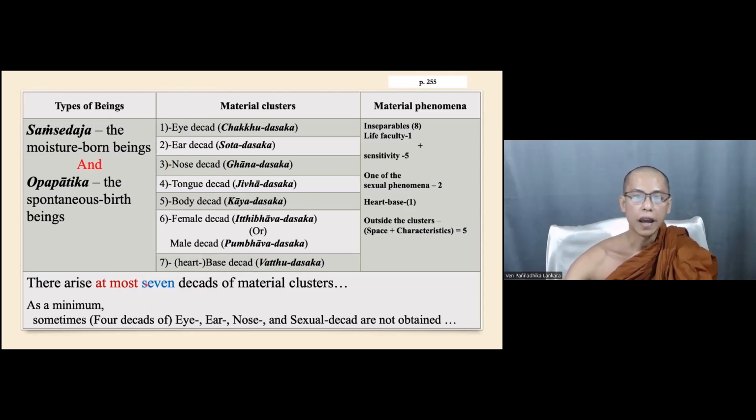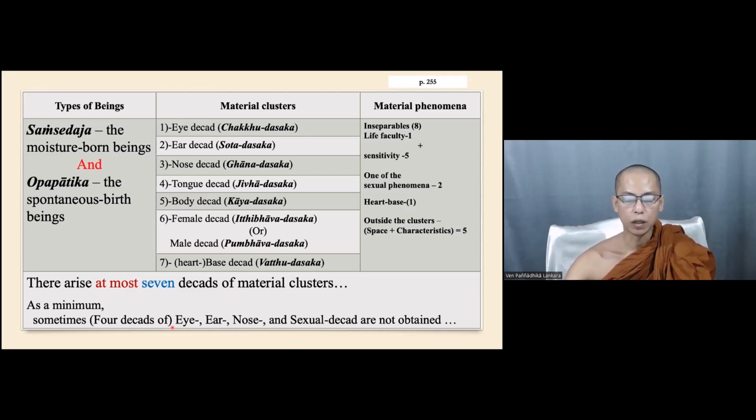This is the utmost enumeration, seven. Sometimes, as a minimum, some can be absent due to the karma which produces that rebirth linking consciousness of their life. Sometimes the four decads of eye, ear, nose, and sex are not obtained in the beings because of the karma.